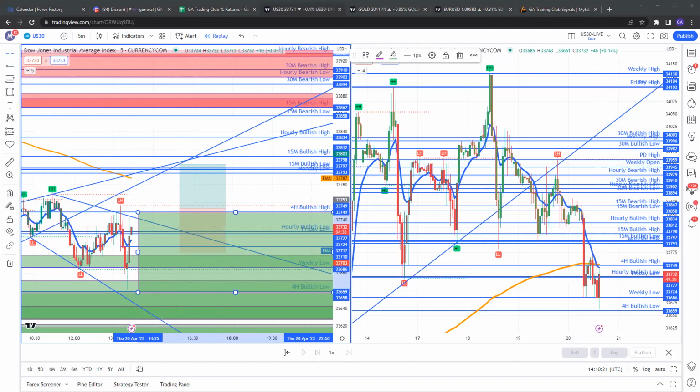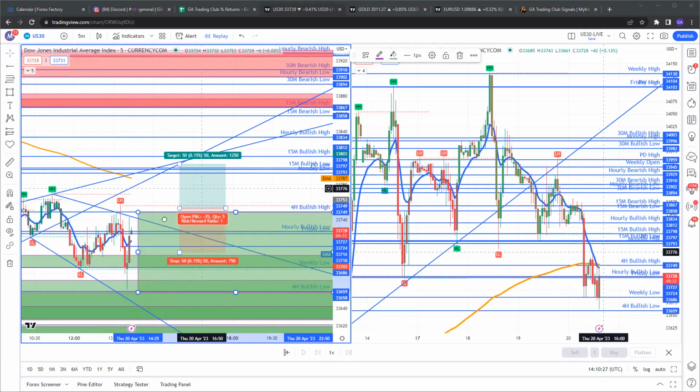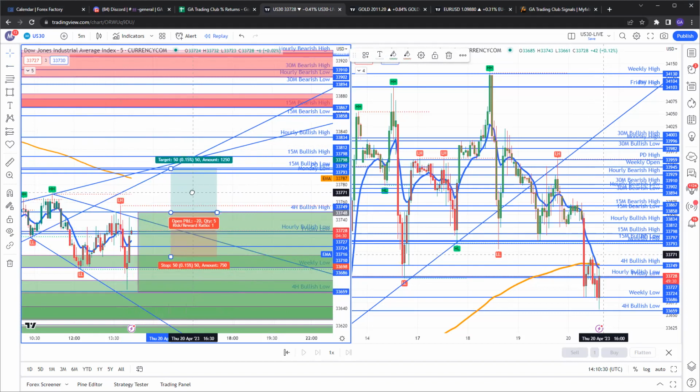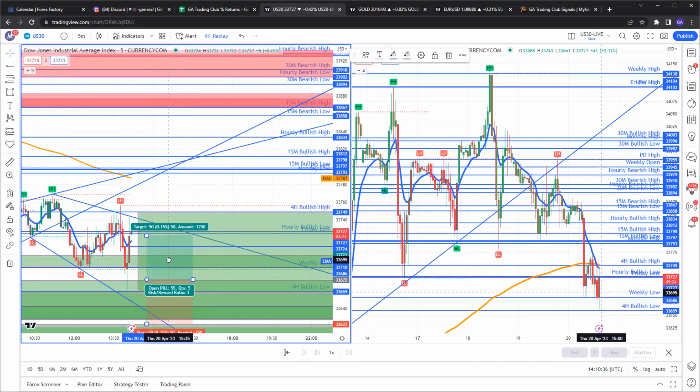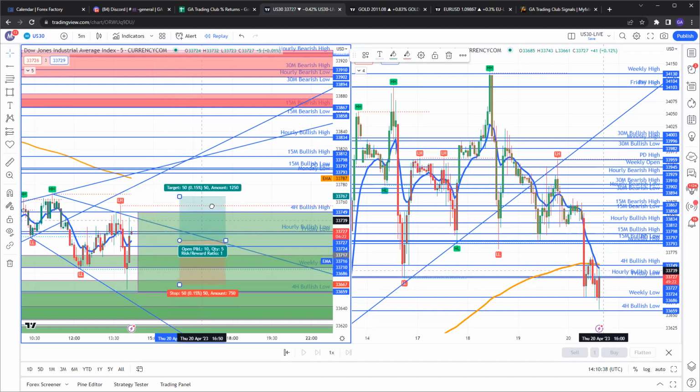So if we get a retest of 34,710, I will do a filler buy on gold. I'm not going to use 0.5%, I will use maybe 0.25%. And ideally, you want the stop loss to be below the 4-hour bullish low.